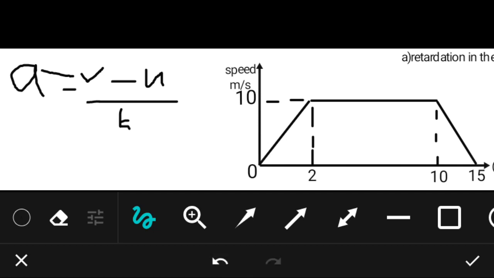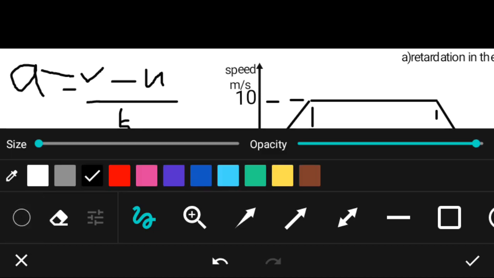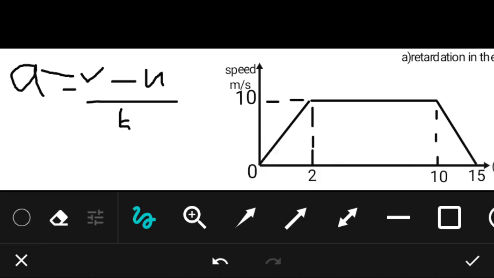So note that we have acceleration there, we have the final velocity, and the initial velocity there. When we say initial velocity, we are talking about where this object started from. Where did it start from? That is what we are talking about. When you look at this object, it started from 0 here. So it means that is the initial velocity that we have there.